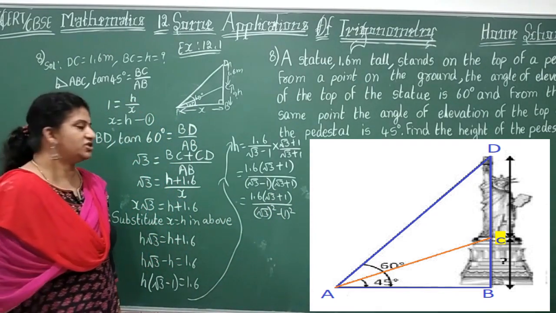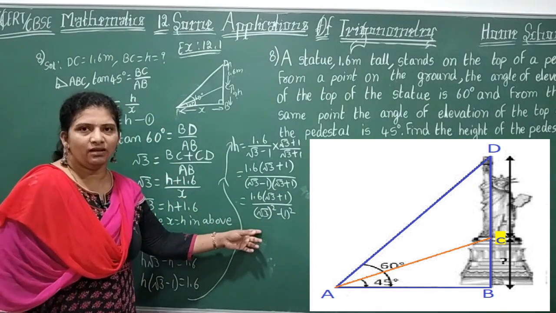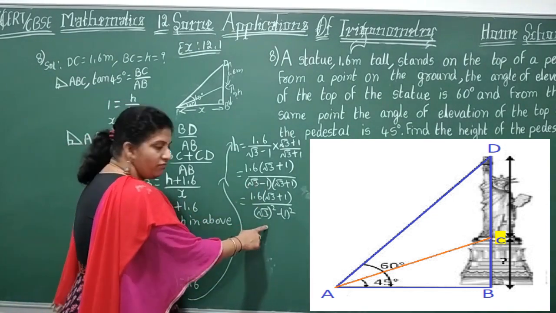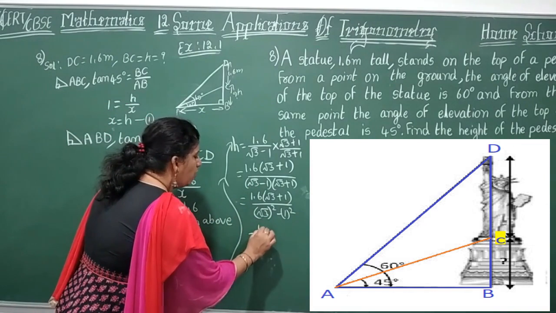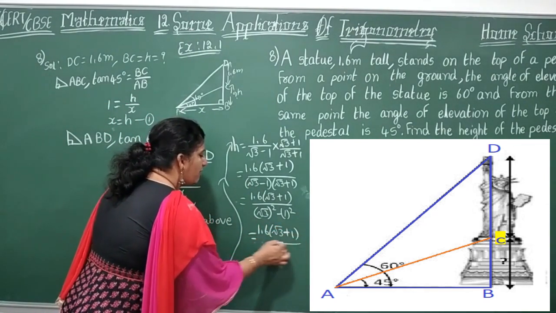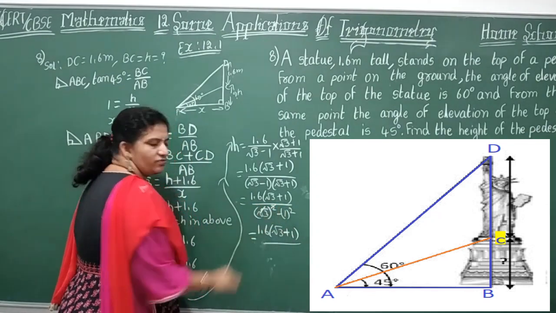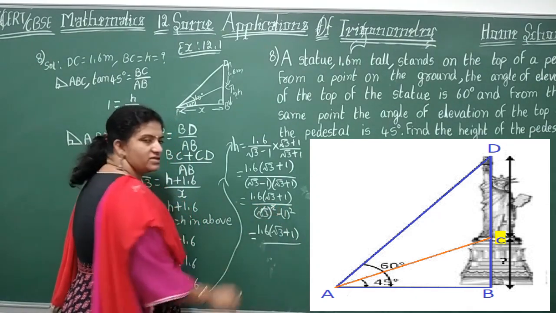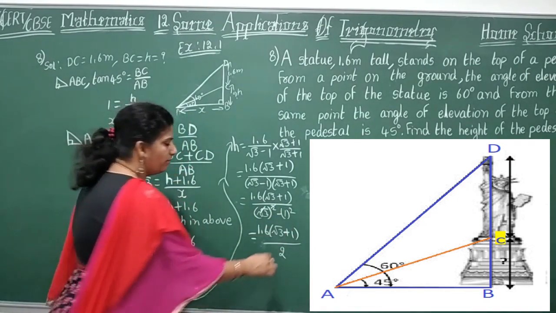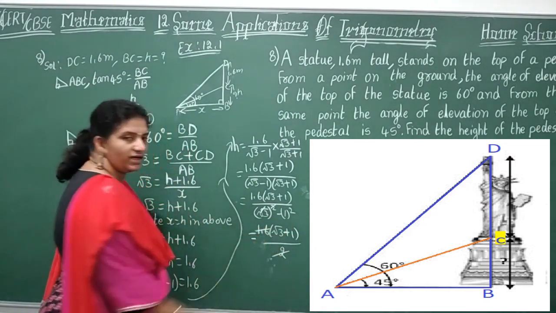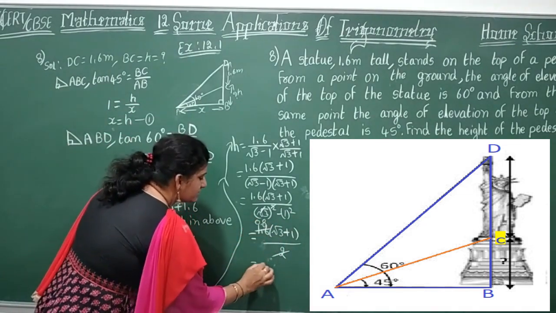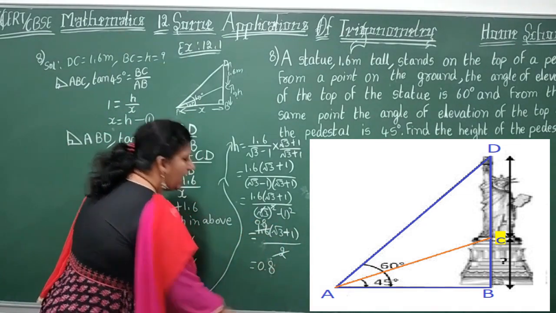Observe here carefully children, you are applying the formula A square minus B square. So now 1.6 into root 3 plus 1 by, square and root will be cancelled, 3 minus 1 will be 2. Now cancel, what will it be? 0.8.